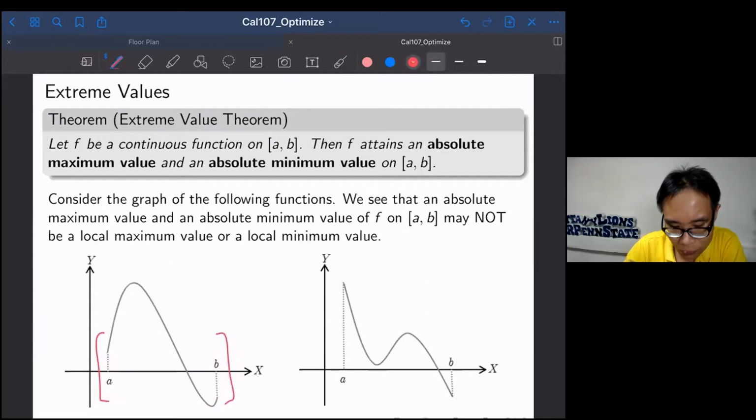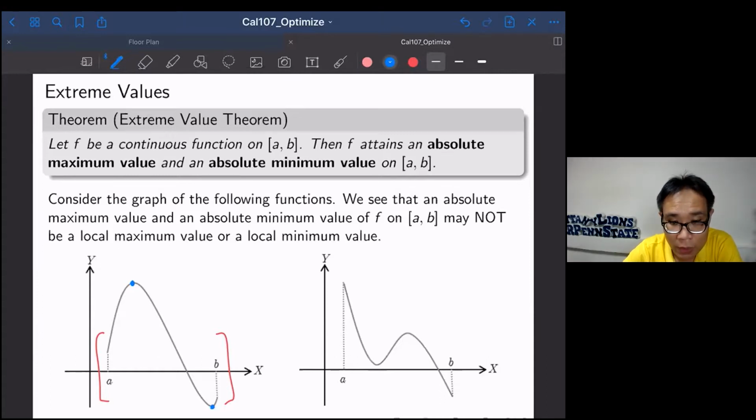So I'm gonna put the interval AB here, and as you can see, in this one you're gonna have the peak, or the highest. So this will be the highest point of this function over the interval AB, and the lowest point is gonna be on the other end here.